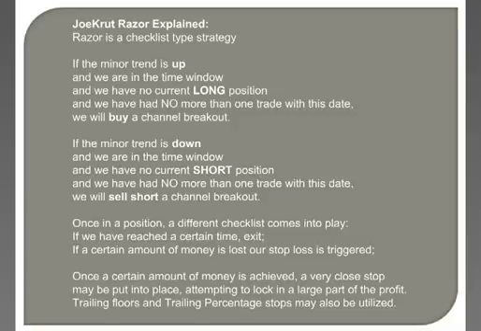Now I'm going to explain Joe Krutt Razor, and I think this is kind of interesting because very few developers explain gray box or black box systems. But basically, Razor is a checklist type strategy.